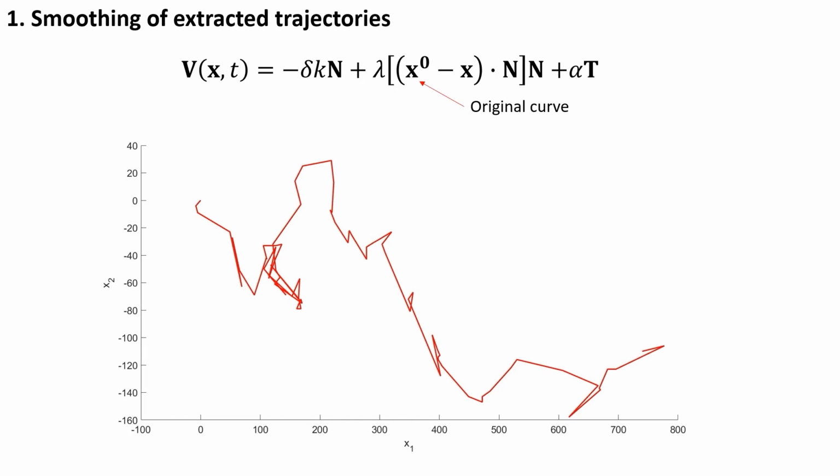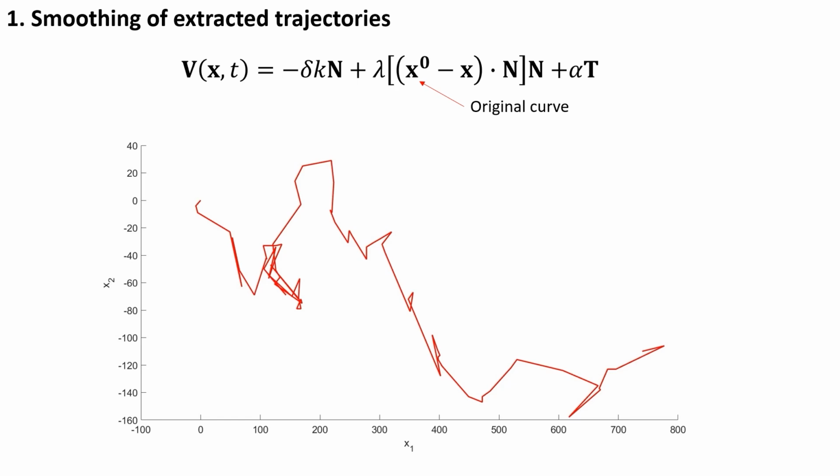The first is called the smoothing term. K is the curvature. This term will smooth the curve more when the curvature is high, for example, in the random parts.